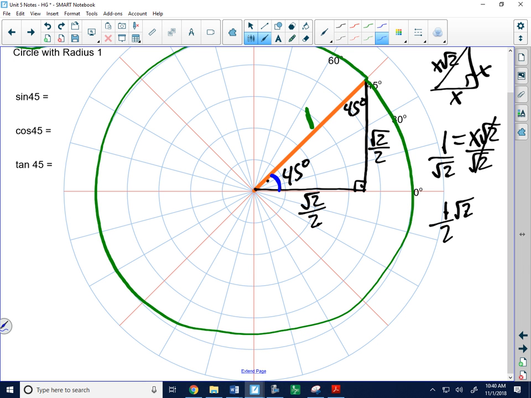I can start at either 45-degree angle, it doesn't matter. I'm doing trig ratios. I'm not solving for a missing variable right now. I'm just writing a ratio. So let's start here at this 45. I'm going to label this as my hypotenuse. Across from the 45 here is my opposite, and then this side is my adjacent.